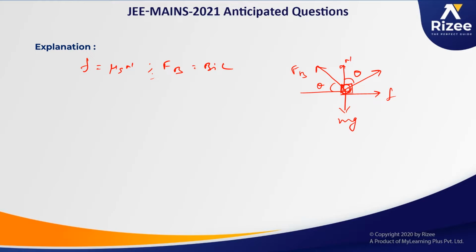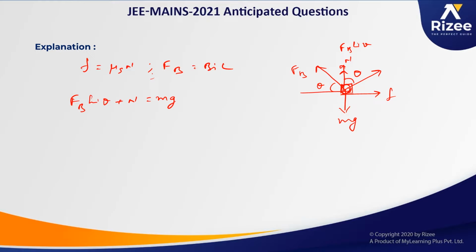Now what is happening here: the vertical component of the force because of the magnetic field, that is FB sine theta, is acting in the upward direction, along with the normal reaction. That means FB sine theta plus normal reaction should be equal to mg.